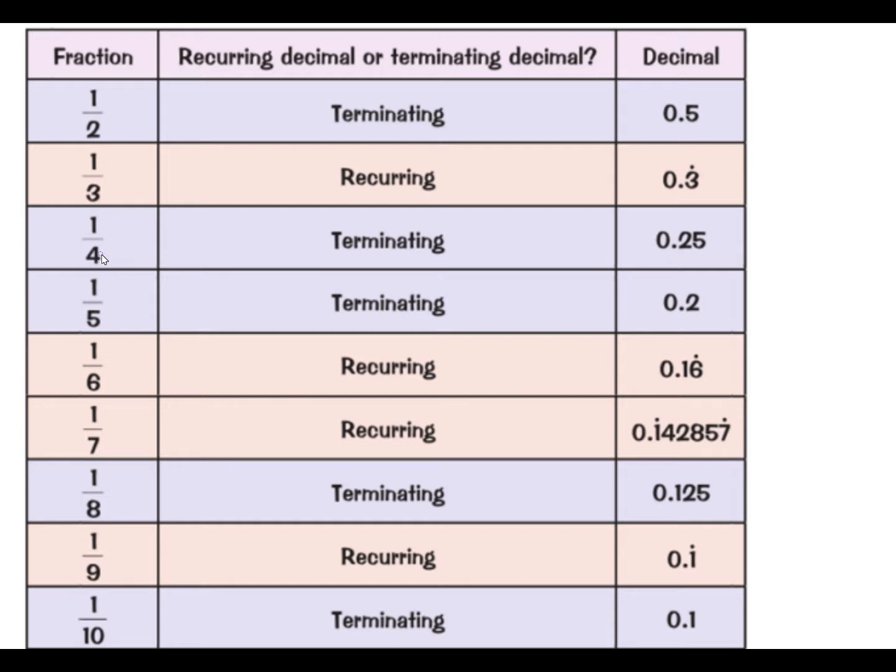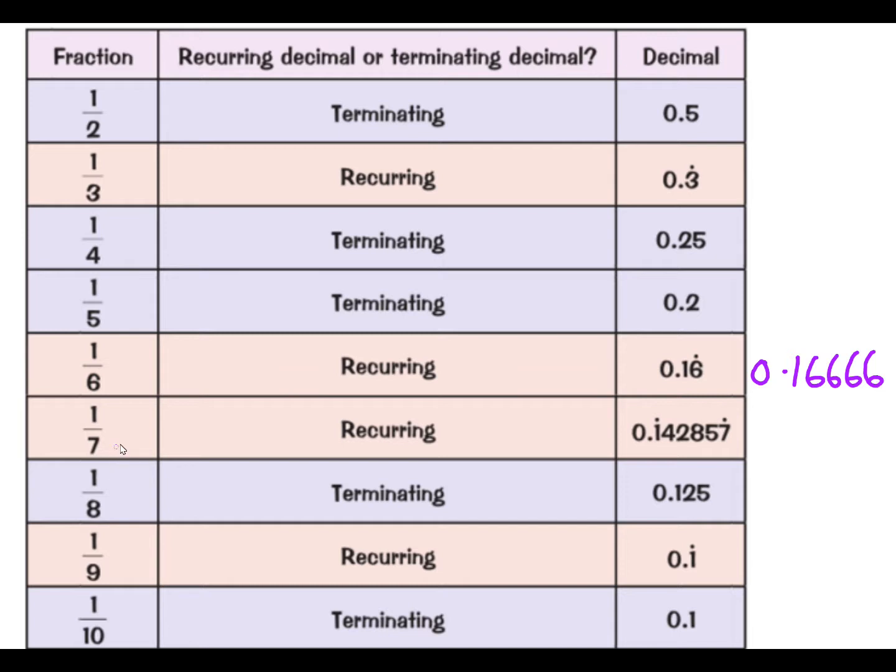We also remember a quarter is 0.25, and that when you divide 1 by 5, it's 0.2. Some of the bigger denominators might not be as familiar. So 1/6 is 0.16 recurring. This means 0.16666 that goes on forever.